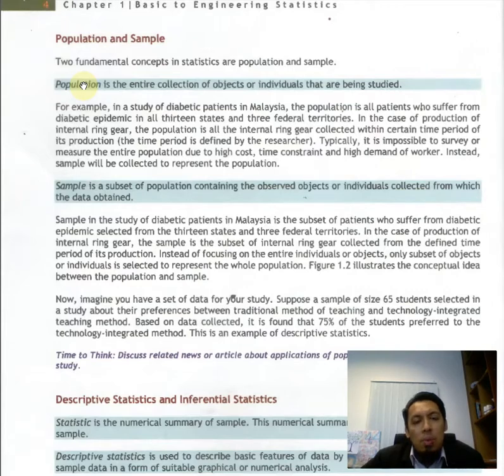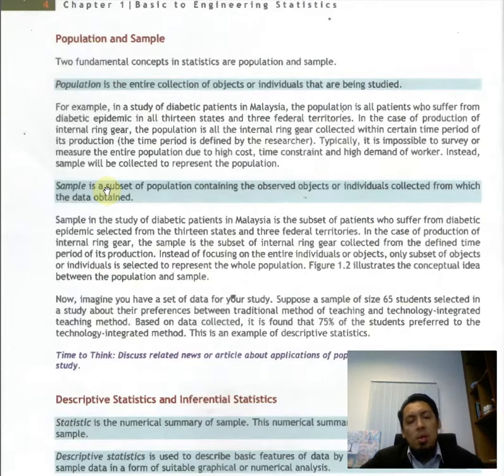If I say population of RK90 students, it means the whole students of RK90. Population of RK01 students, the whole population of RK01. That is what it means by population. As for sample, it is a part or the subset of the respective population.